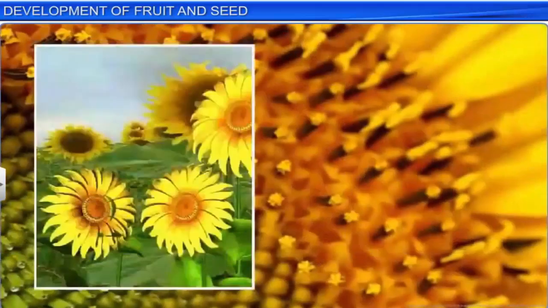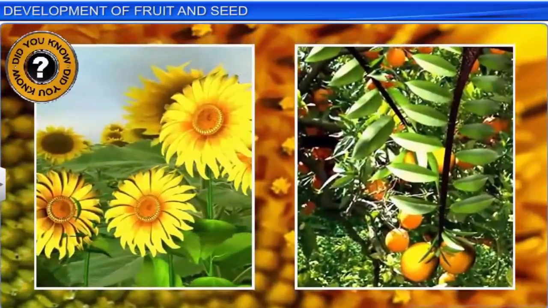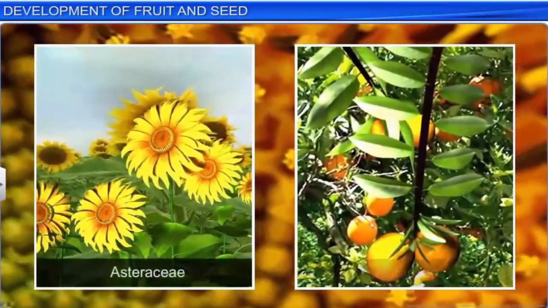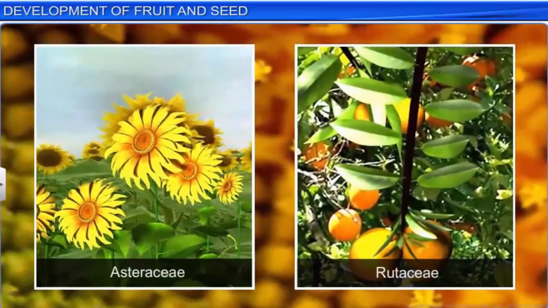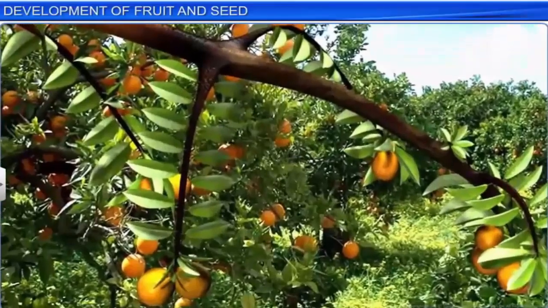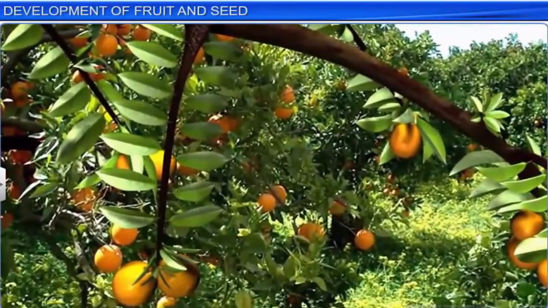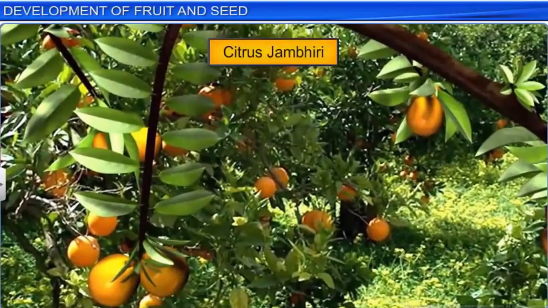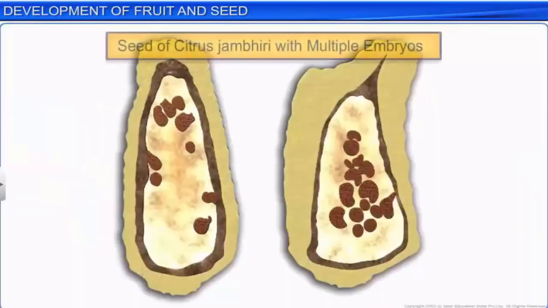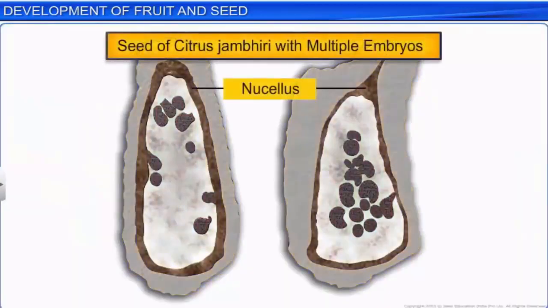Did you know that plants such as grasses and those belonging to the family Asteraceae and Rutaceae are common examples of apomixes? Moreover, in certain apomixes such as Citrus jambhiri, which belongs to the Rutaceae family, the nucellar cells surrounding the embryo sac divide and protrude into the embryo sac.